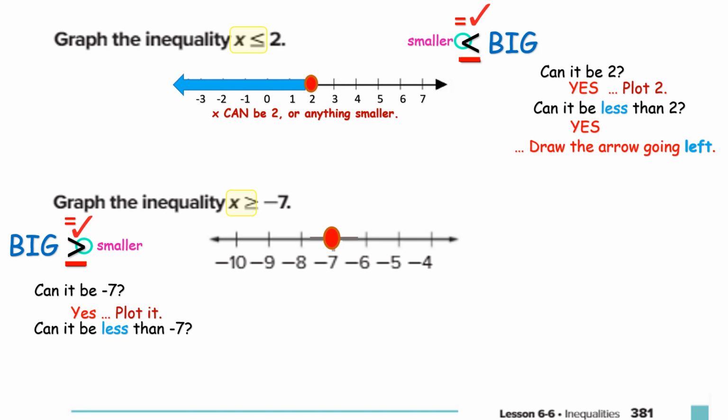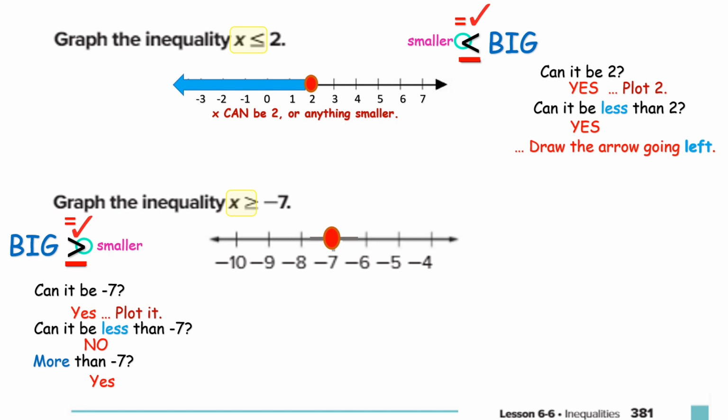It can't be less than -7 because the arrow is pointing at the -7, which indicates that's the smallest number that it can be. So if that's a no, then I go to my third question. Can it be greater? Can it be more? Can it be bigger than -7? Yes, because the x is on the opposite side of the arrowhead, so my variable is indeed bigger.